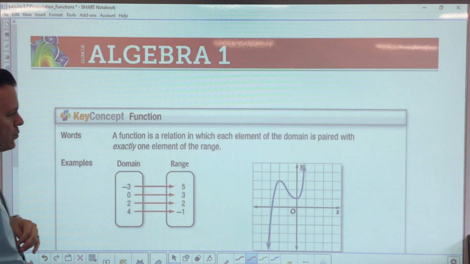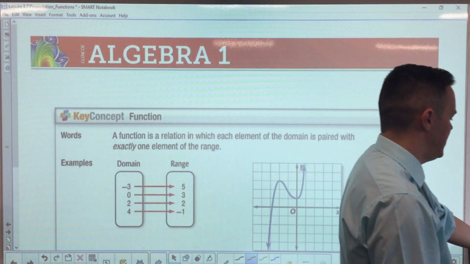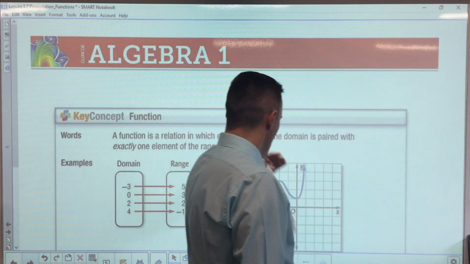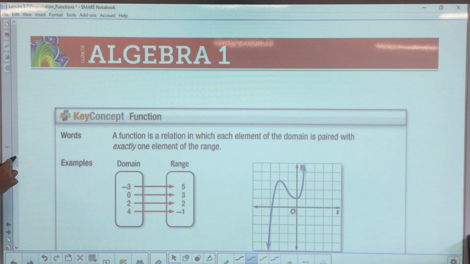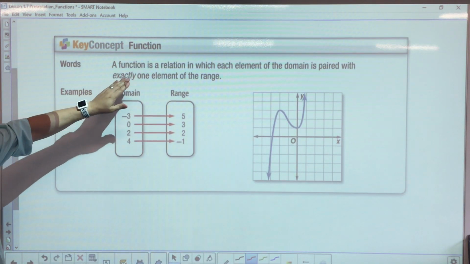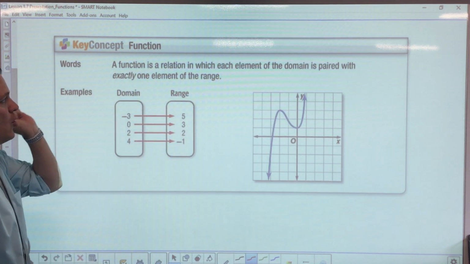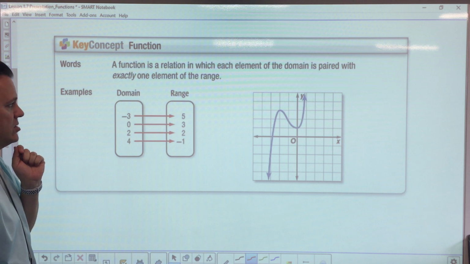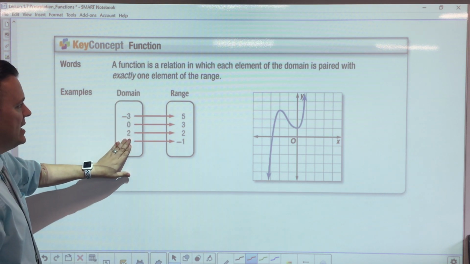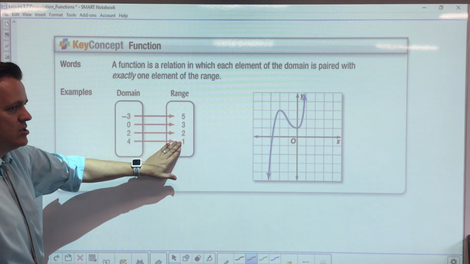All right. So if you flip back to page 49 or page 50, we start to talk about this, okay? This is in your notes. A function is a relation in which each element of a domain is paired with exactly one element of a range, okay? So for every one domain, there has to be one range, all right?